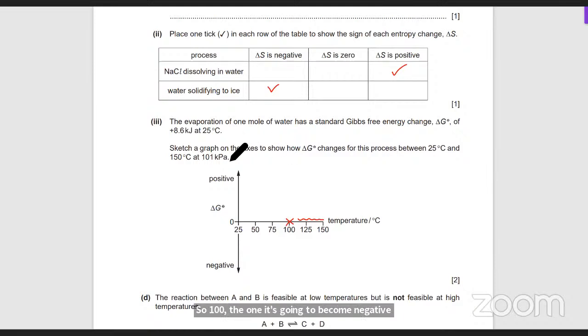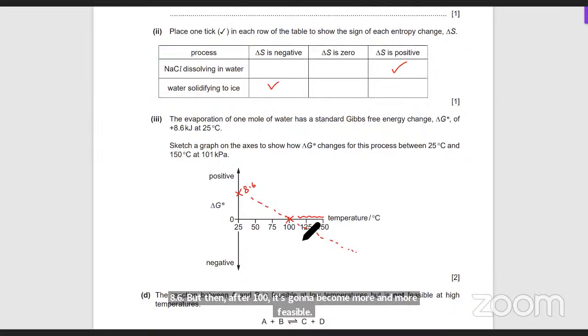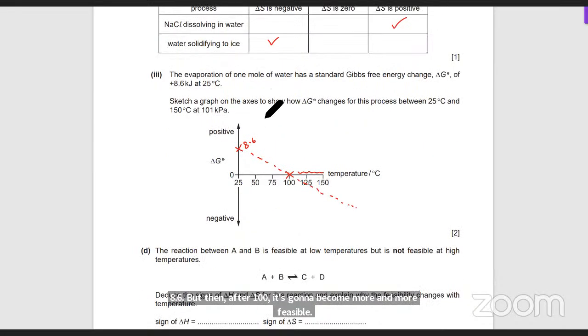So where does it start? At 25 it's 8.6, positive 8.6. But then after 100 it's going to become more and more feasible. So it will be a straight line if you plot delta G versus temperature.